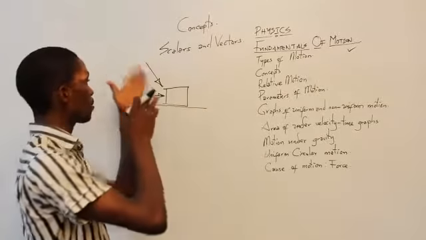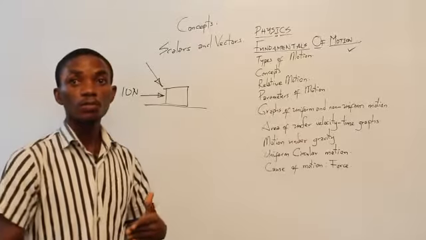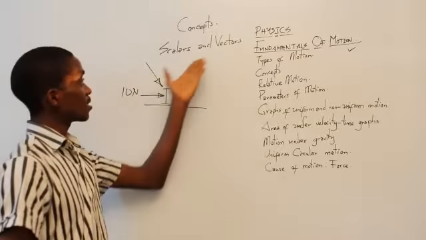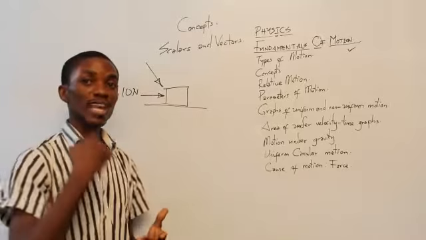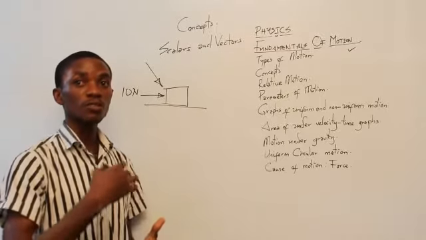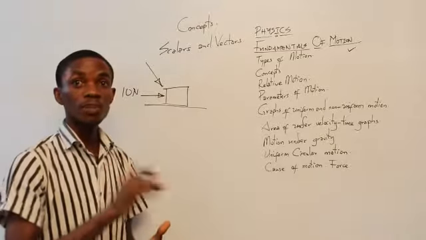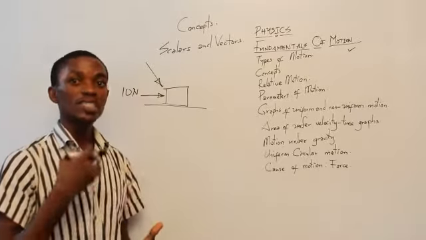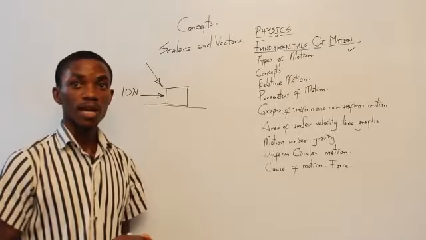And whatever force you are applying would be shared in both directions. So, that is vectors for you. You have to take note of both the direction in which the force is being applied or the quantity is being measured, and as well take note of the amount of quantity that is being applied.